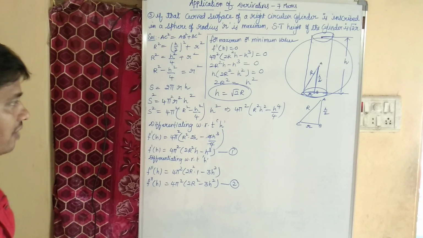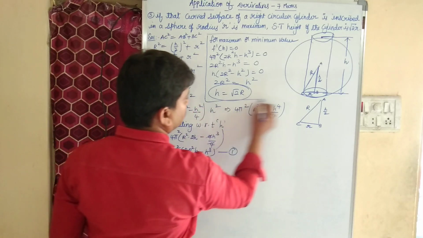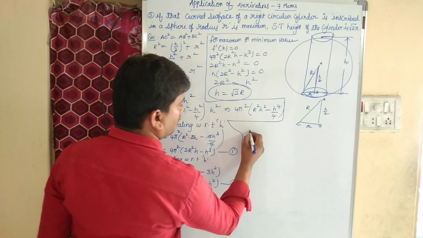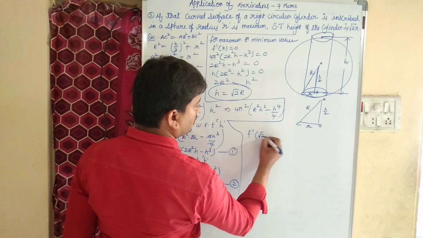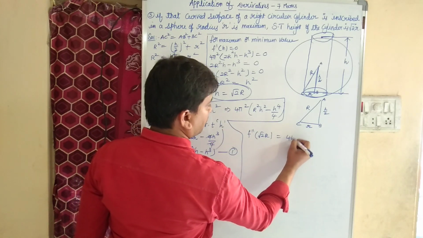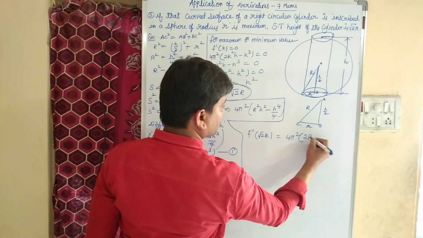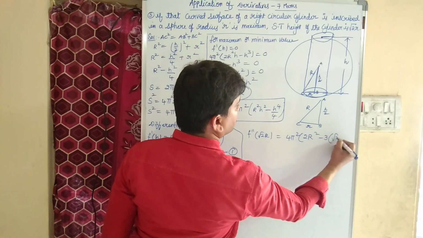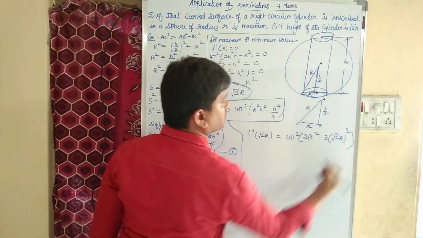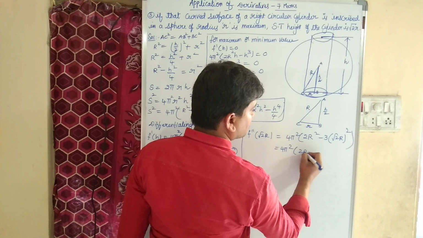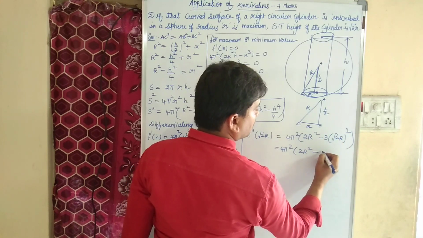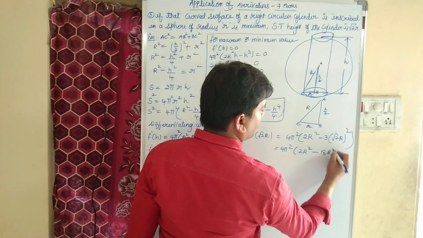So let us substitute in f double dash of h, where we got h as root 2r. So 4 pi square into 2r square minus 3 into h value, root 2r whole square. So 4 pi square into 2r square, 3 square 9, 9 twos 18 r square.